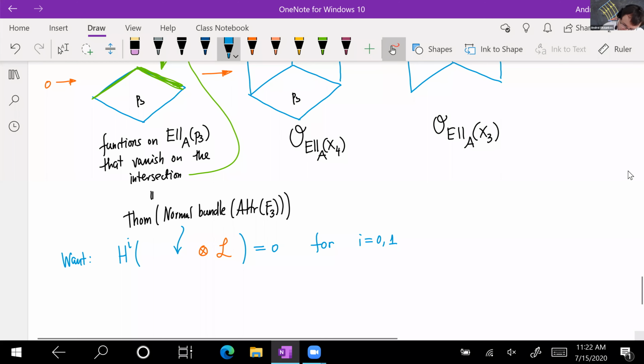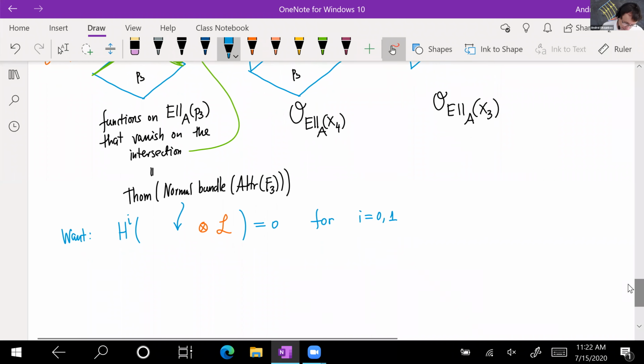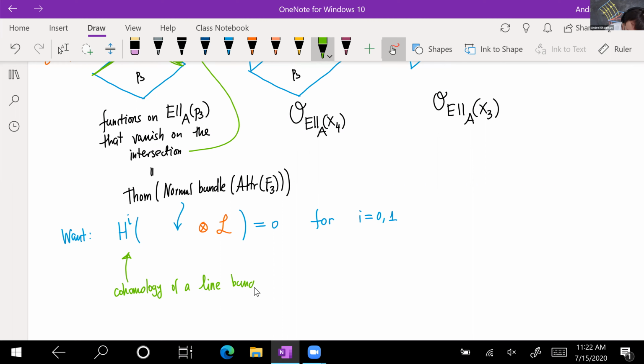And so these, whatever they are, are all cohomology of a line bundle on an abelian variety.